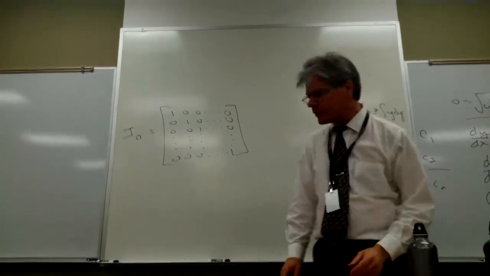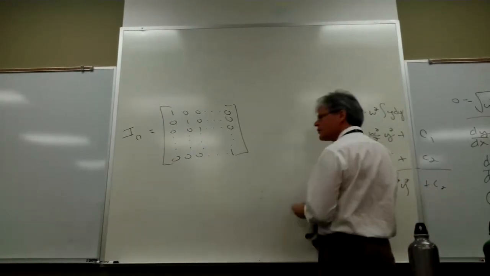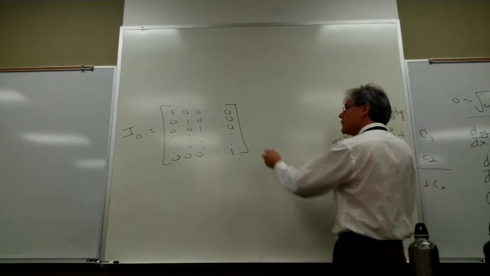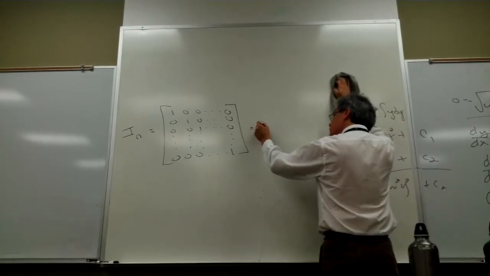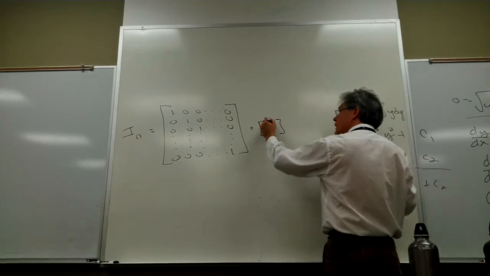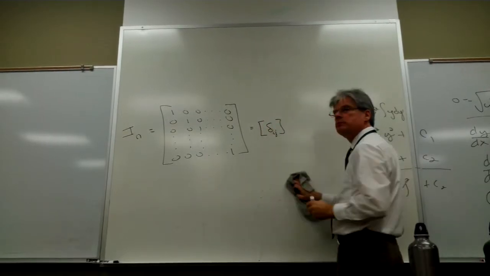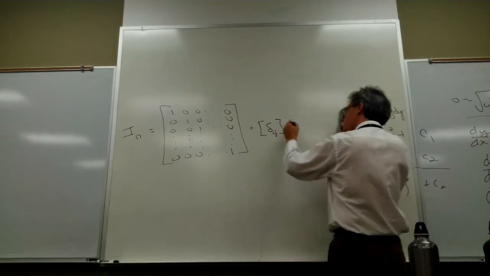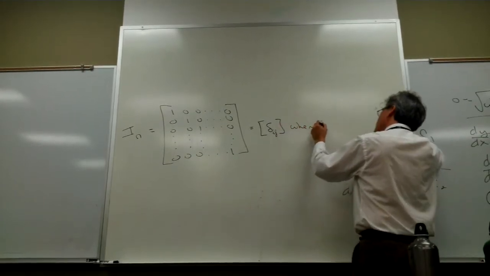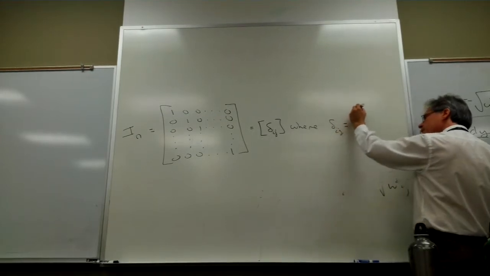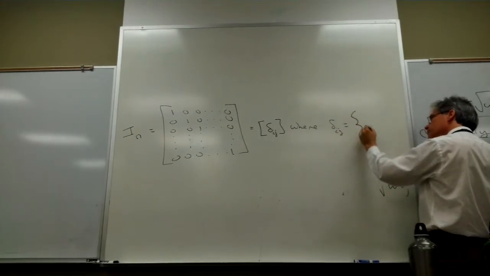But you guys, I don't like my notation. Do you think I can change it a little bit? Because this is such a special matrix, I sometimes refer to this as a matrix whose arbitrary entry is delta sub ij, where delta sub ij is equal to, anybody? 0, 1.